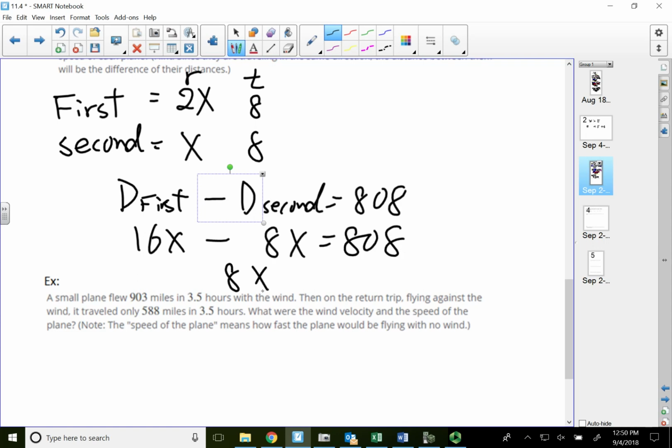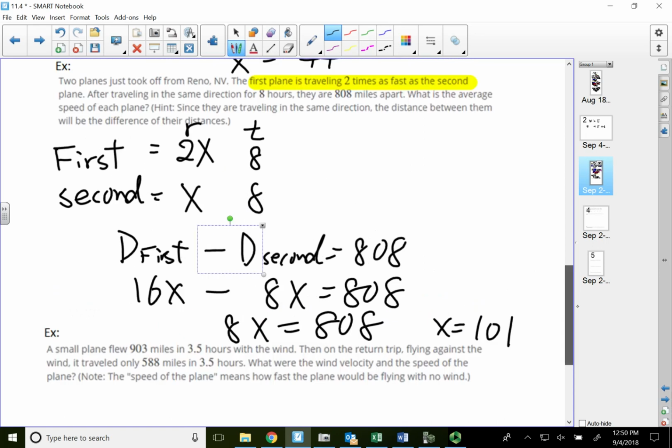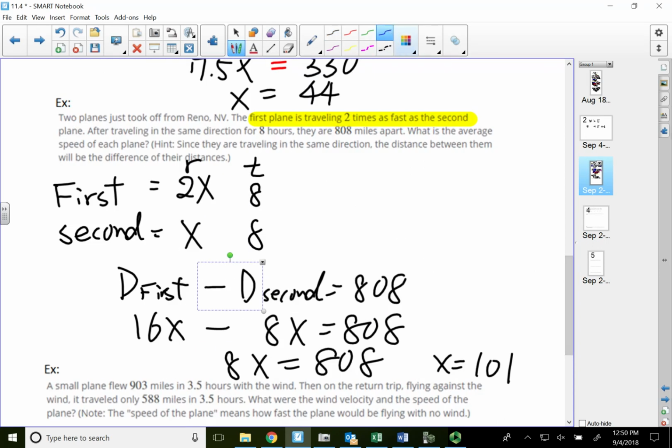That's 8x equal to 808. Divide both sides by 8, that will be 101. That means the second airplane is flying at 101 miles per hour. The first one is twice that, which is 202. That will be the answer for the speed of both planes.